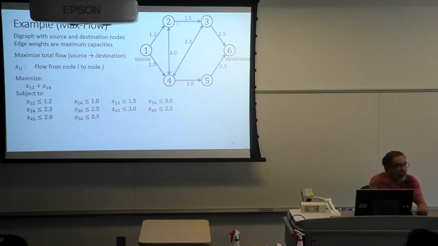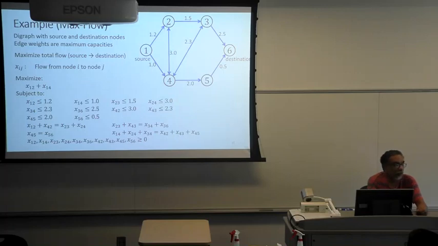Let's consider node 2. What's the total inflow? x12 plus x42 should be equal to the outflow. Outflow is x23 plus x24. Likewise, for each of these 4 nodes, I have another set of 4 equality constraints.